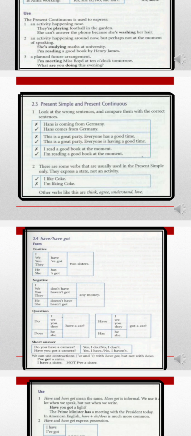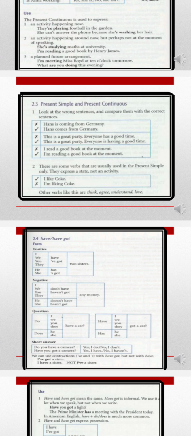Number 2. There are some verbs that are usually used in the present simple only. They express a state, not an activity. For example, "I like cooking."